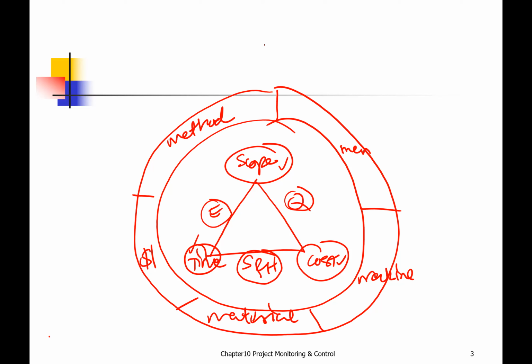We need to utilize man, machine, material as best as possible, to minimize the cost. And how are we going to manage that? This is what we call the management process.